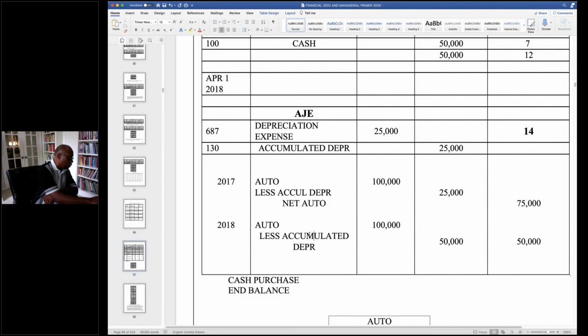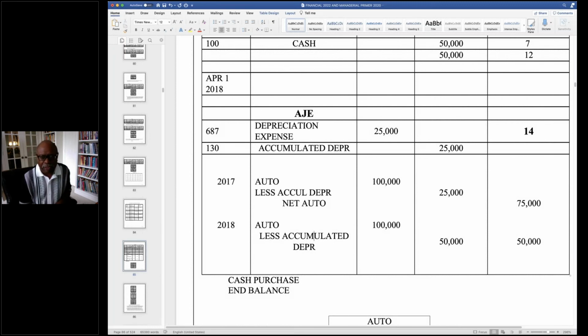It's under long-term asset, but what's the normal balance for accumulated depreciation? In case I give you a listing of account balances and tell you to prepare a trial balance, what balance is accumulated depreciation going to have? Normal balance, credit.